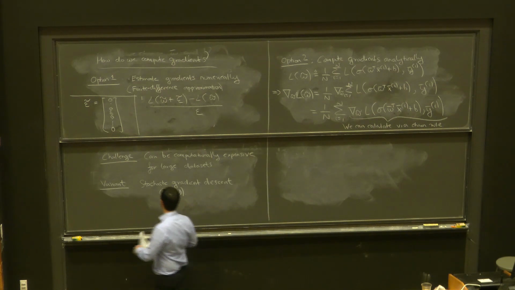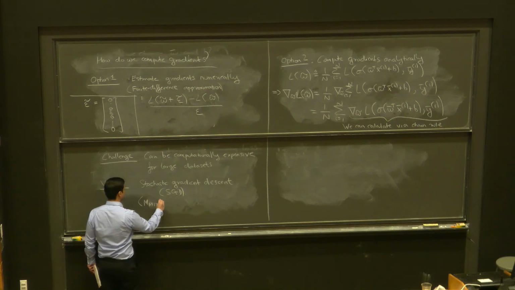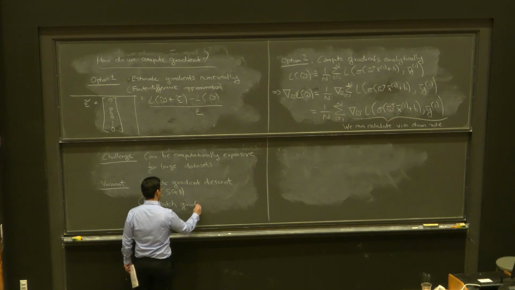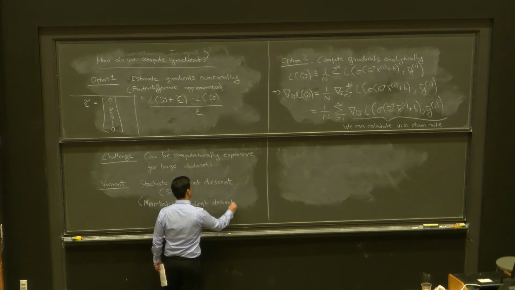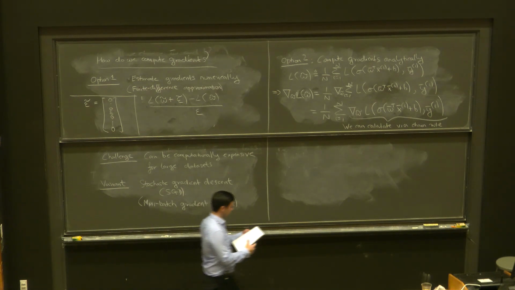Another name for this, which is not used as commonly, is mini batch gradient descent. Usually people just call this stochastic gradient descent.